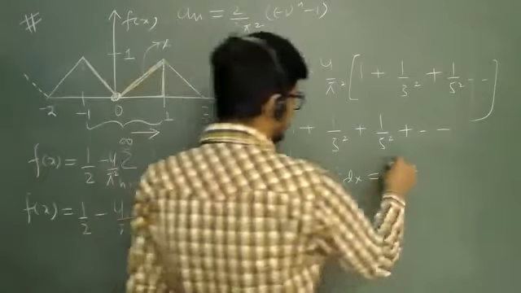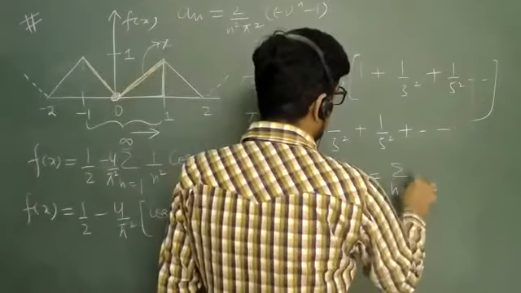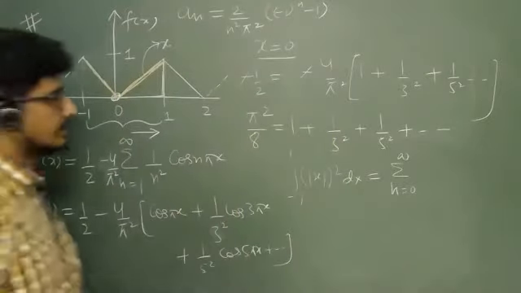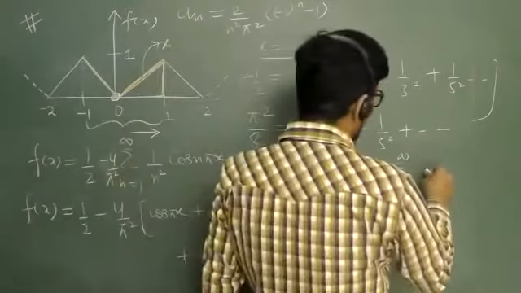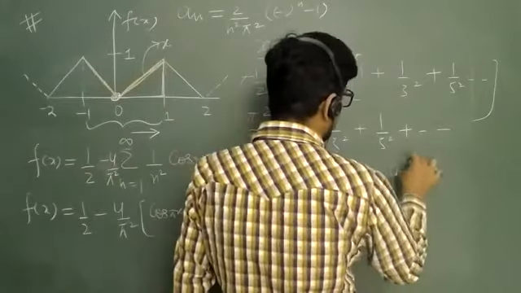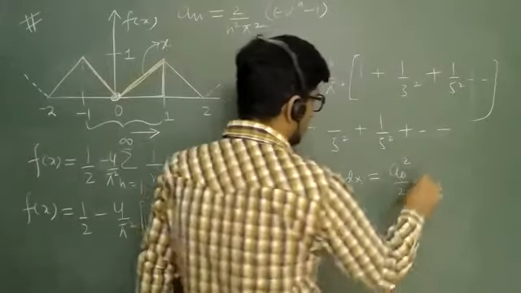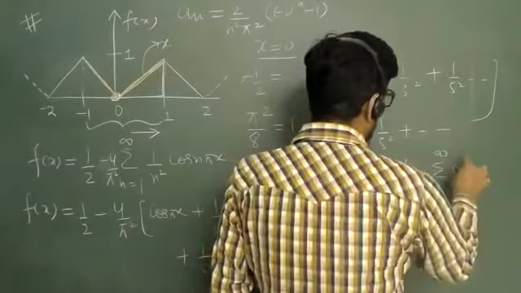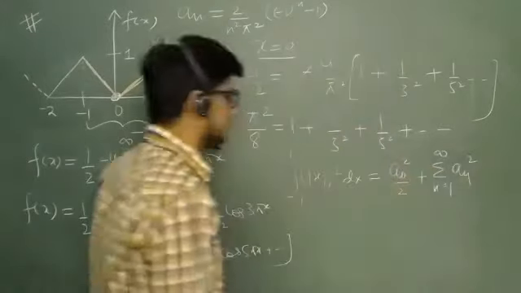summation n is equal to 0 to infinity. If I take it in this form, we can write it separately: it will become a naught square by 2 plus summation n is equal to 1 to infinity an square.